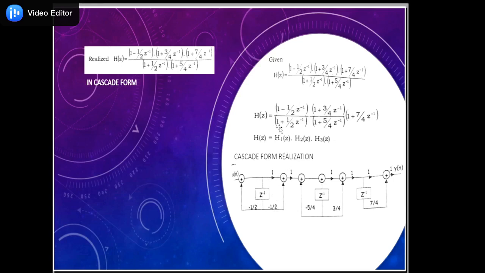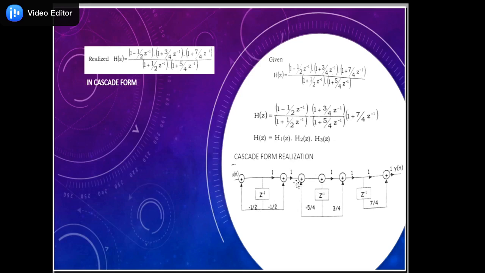Then consider D1(z); the 1 is not shown because it is already considered. Then 1/2 z^(-1) is considered in the feedback path, so you put the arrow here, which means the sign will change.